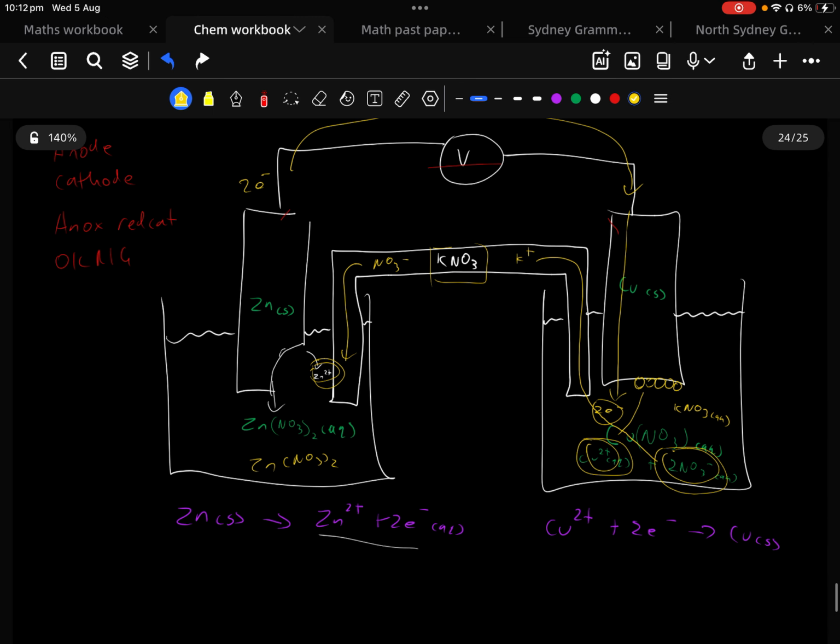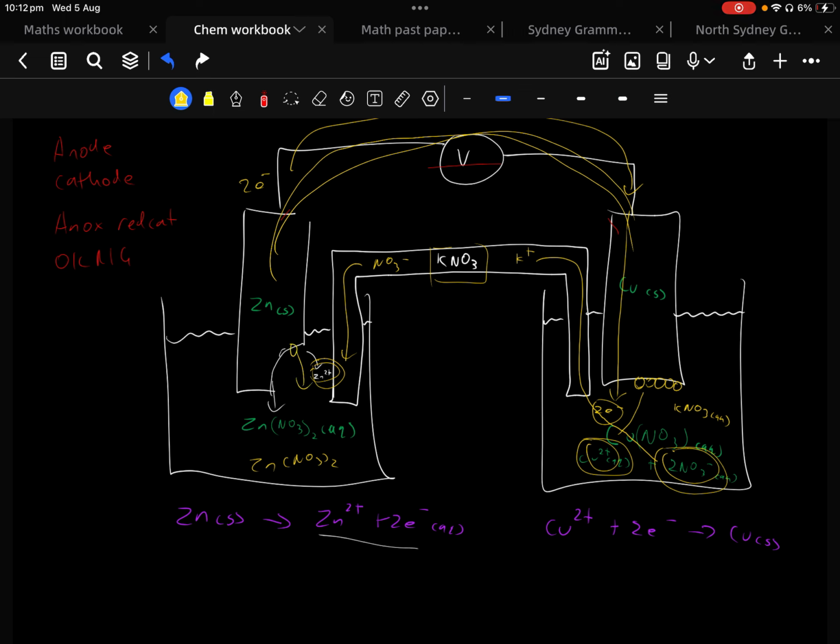And over time, the flow of electrons moving over from the anode to the cathode, where zinc falls down into solution, will eventually stop until all of the anode decays and the cathode gains a bunch of copper atoms.